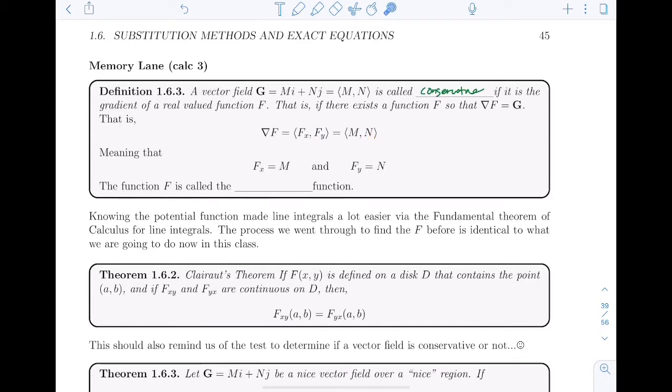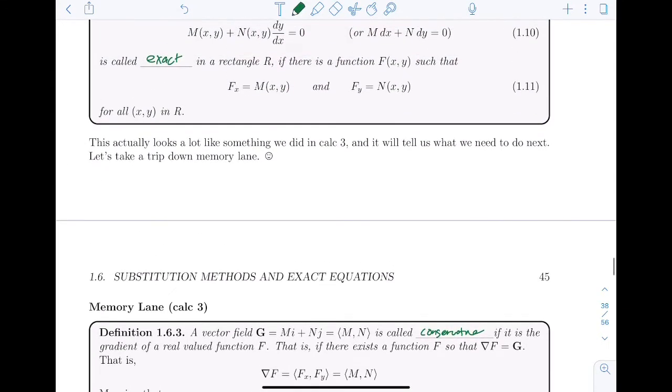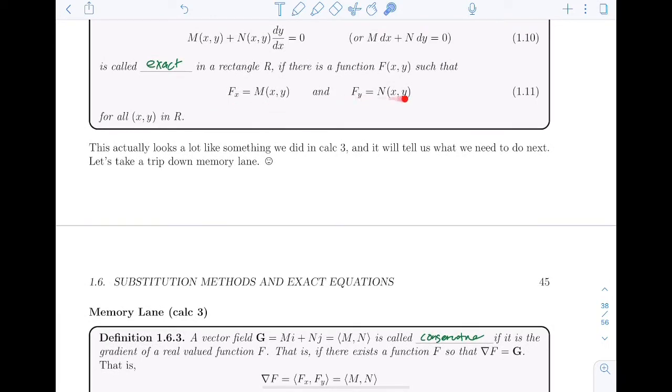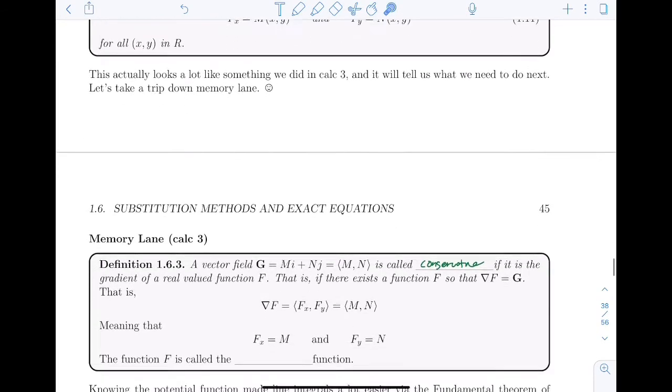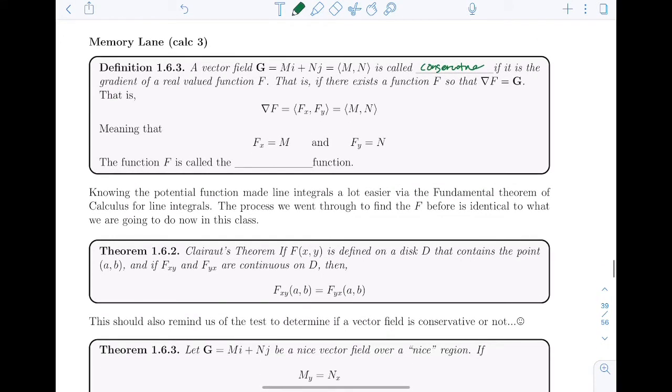And so what this means is that this is conservative if you can find a function f so that fx is M and fy is N. That's what we just said. That's literally the exact same thing as we wrote here, but we did it in different terms. And then the function f in this case was called the potential function.